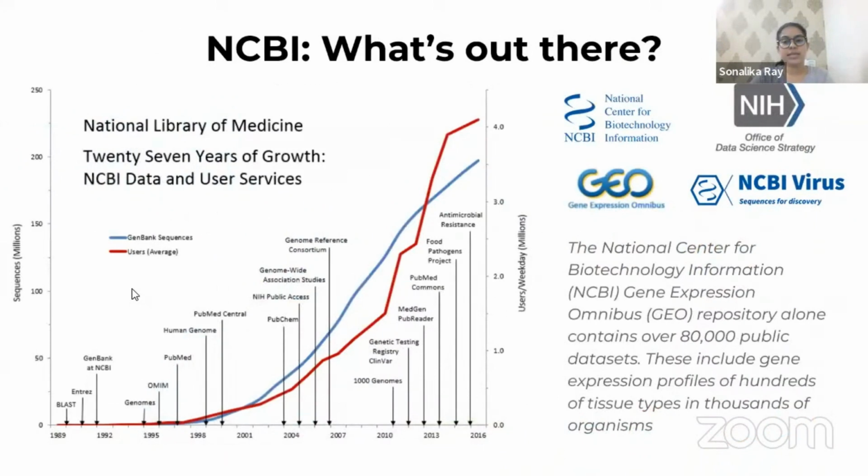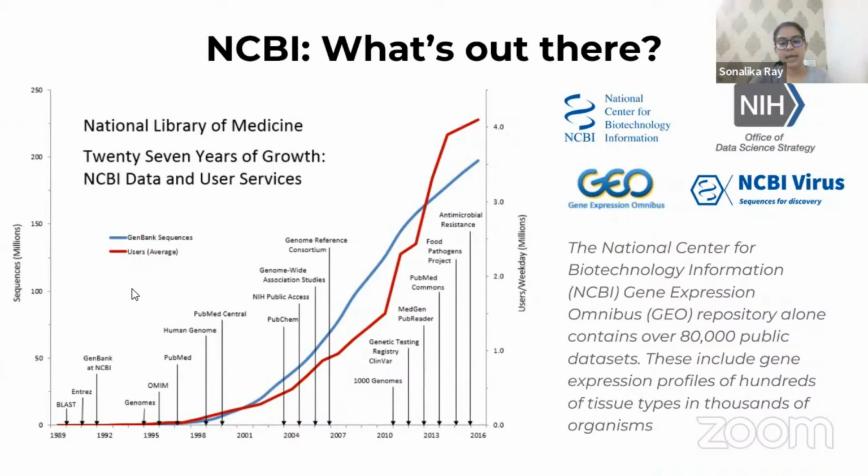Now, the question is, is such data available? Yes, and one such repository is maintained by the National Center for Biotechnology Information, which has a collection of peer-reviewed articles, biological data sets, and projects on various topics. As you can see, in the past several decades, this resource has been growing exponentially.